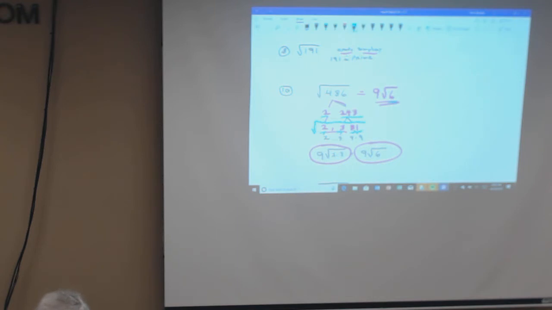Now if I hit 6 and hit the square root button, I get 2.449, and take that times 9, and I get 22.04. You follow? I can take my calculator and mess with it a little bit if my mind is struggling with whether or not I'm willing to accept that answer.